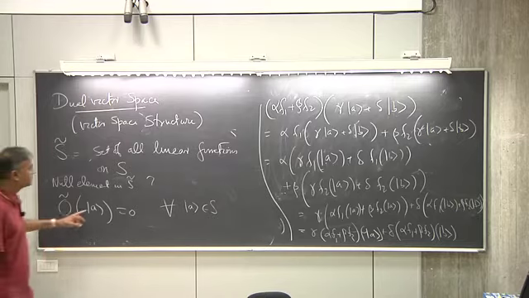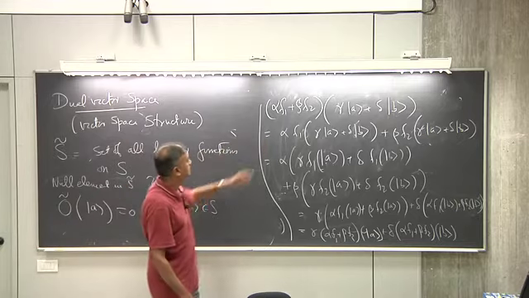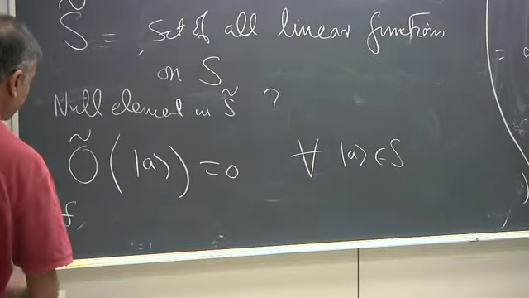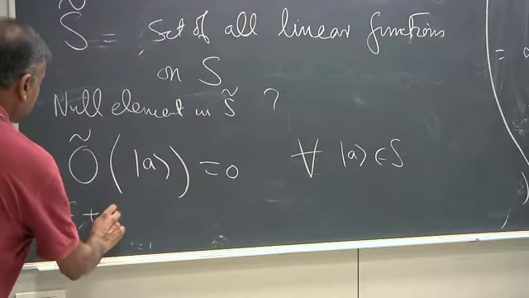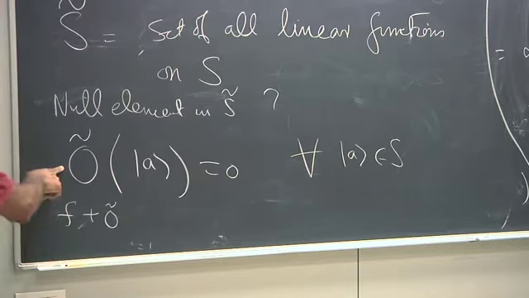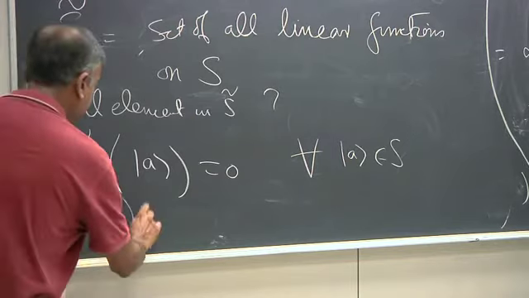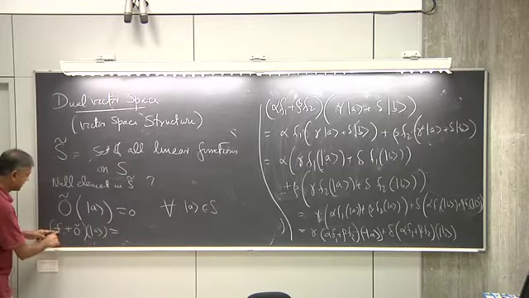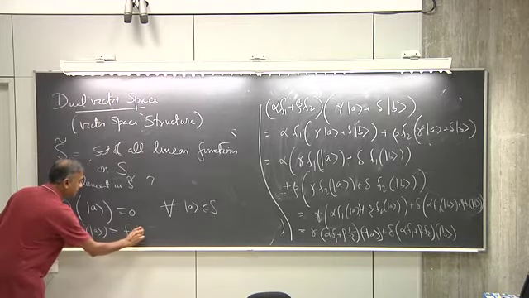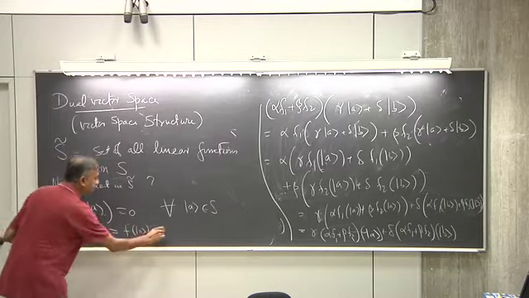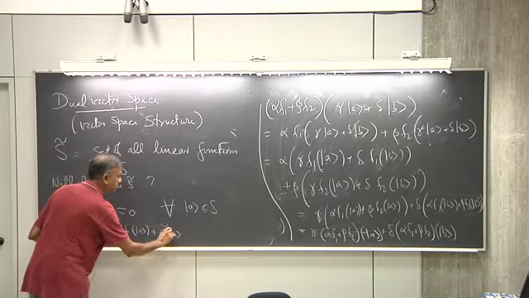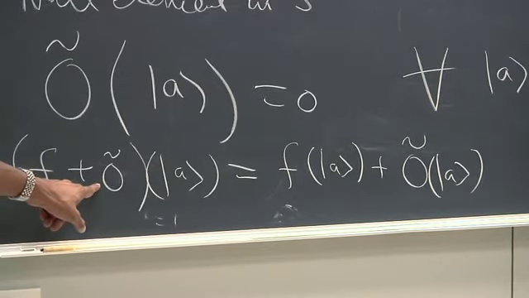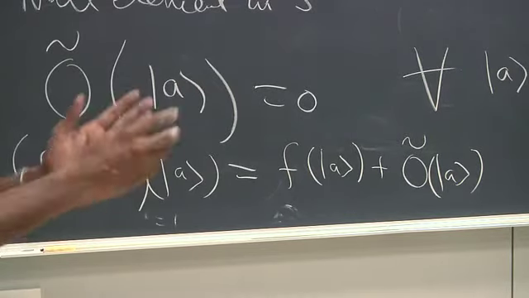And indeed you can see this by the definition we have given for the addition. If I take any function f and add to that the 0 tilde, then this acting on any element A is the same as f acting on A plus 0 tilde acting on A. This is where I've used the definition of the addition I have given before, right? I defined how you add the two elements here.